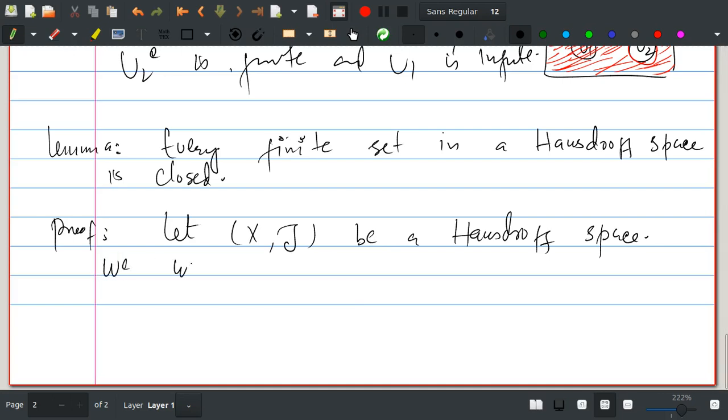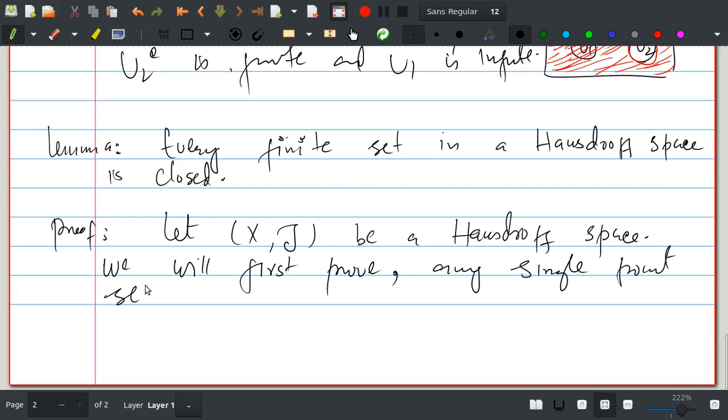So we will first prove any single point subset in X is closed.